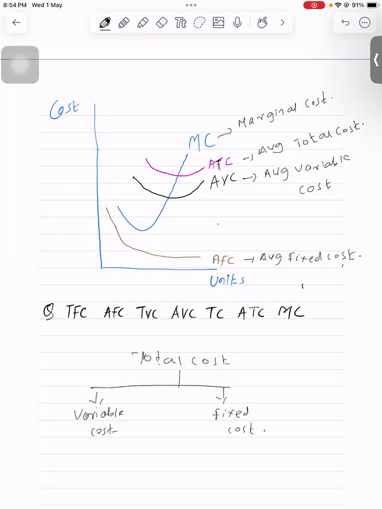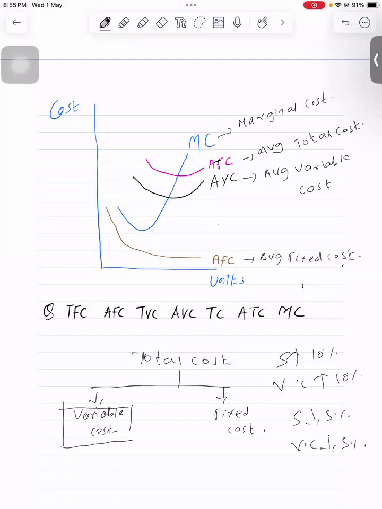Now, what is the meaning of variable cost? As the name says, these costs will keep on changing. Variable cost has a direct relation with sales. If your sales increase by 10%, variable cost will also increase by 10%. If sales decrease by 5%, variable cost will also decrease by 5%.